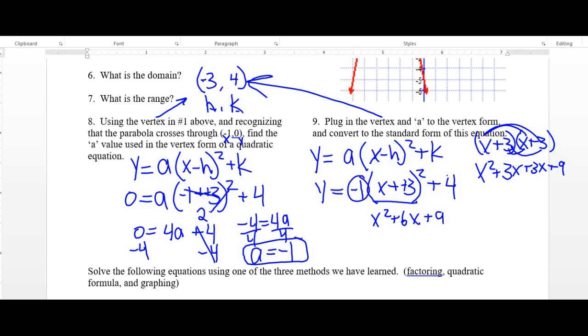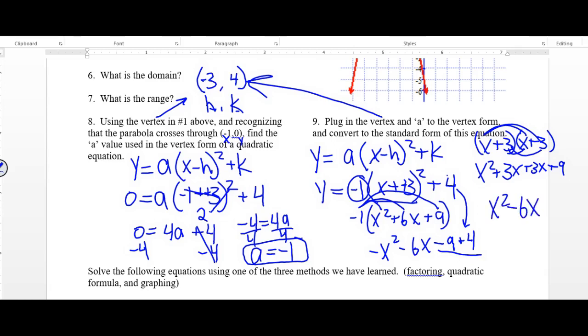Distribute this negative 1. Gives me negative x squared minus 6x minus 9, but I also have this plus 4 that comes down there. I can combine these like terms here, and I get negative x squared minus 6x minus 5.